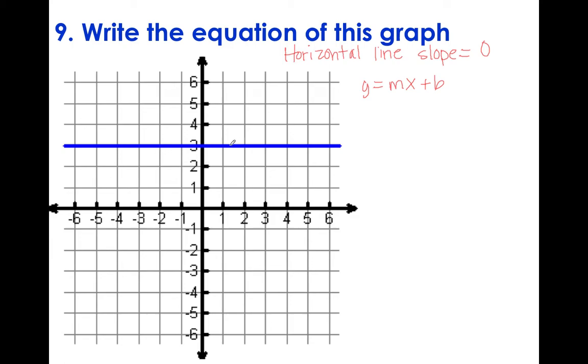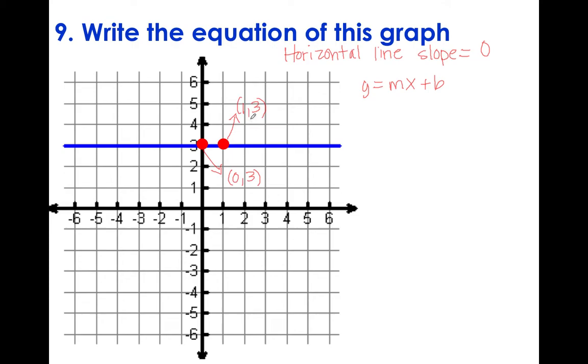I get 2 points that are on this line. I can choose that point. I can choose that point. And so when I look at the coordinates of those 2 points, the coordinates of this point right here is 0, 3. The coordinates of this point right here is 1, 3.